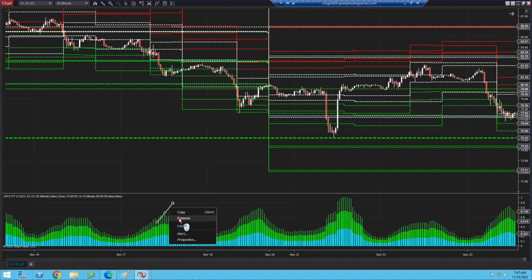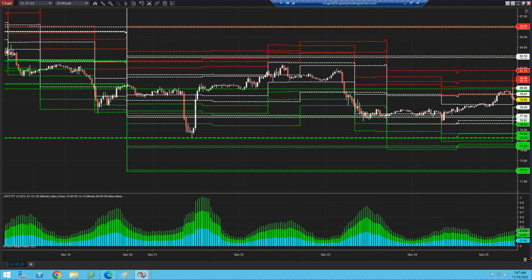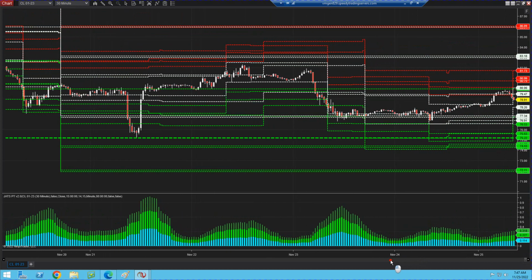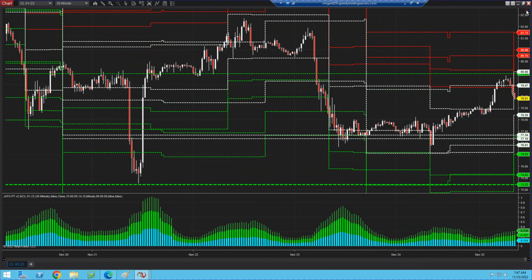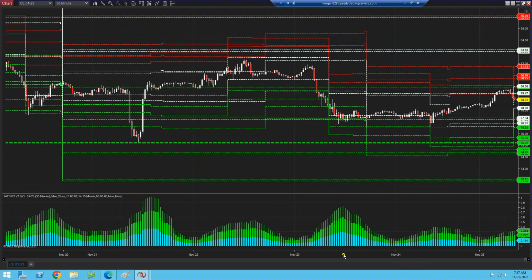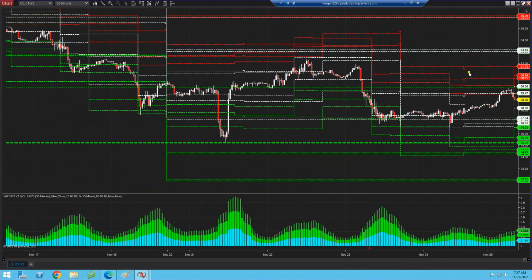So it's a good, I think, overall method for mapping the market.